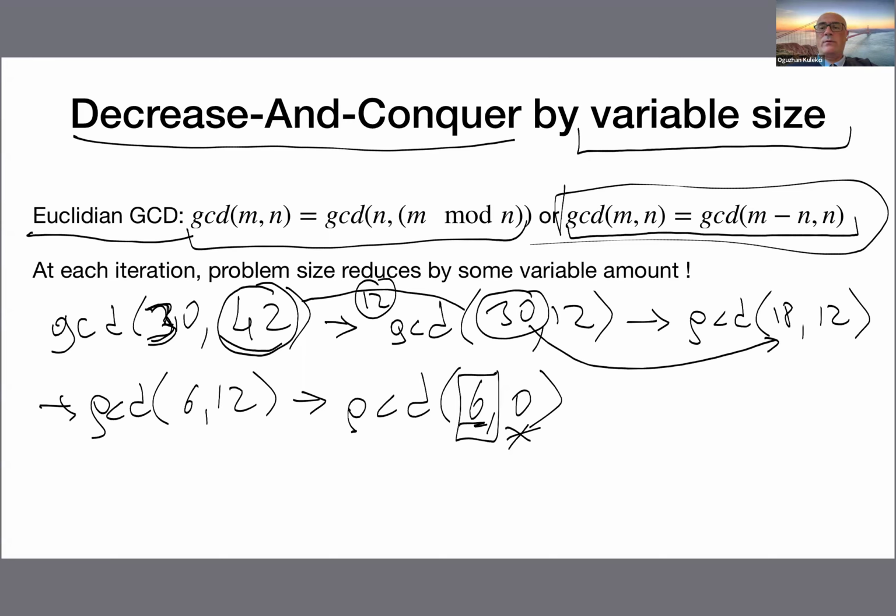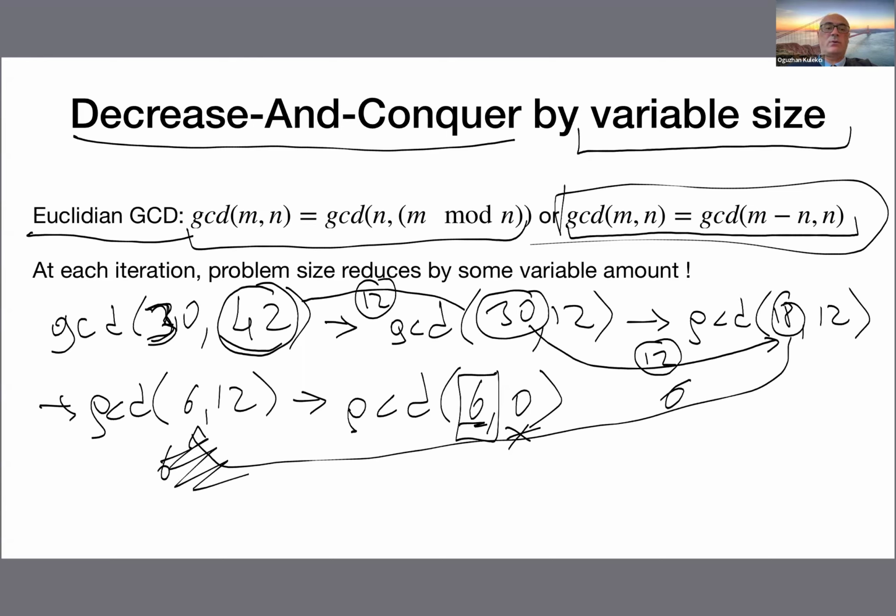I have another decrease of 12, right? Yes, and then from 18, I go to 6. Now my decrease size is equal to 6, from 18 to 12, there is a difference of 6, and that difference propagates on the next one.